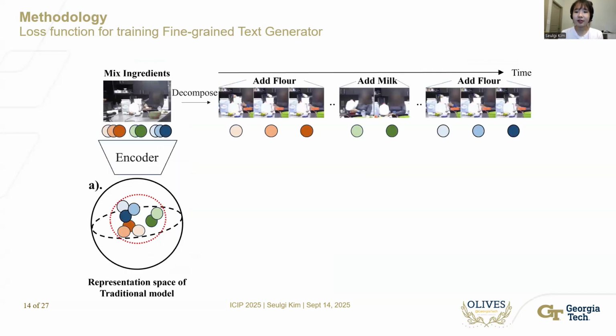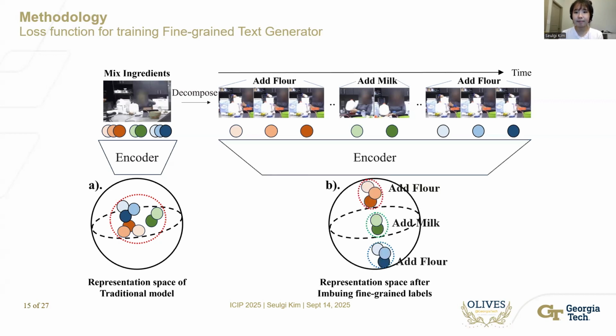Before we decompose actions into fine-grained subactions, all frames are clustered together in the representation space regardless of their temporal order or underlying meaning. In contrast, after we decompose the actions into fine-grained subactions like add flour and add milk, the model can clearly separate adding flour from adding milk, and each subaction forms a distinct cluster.